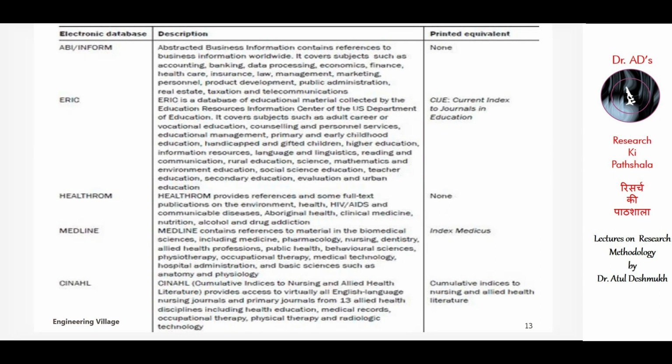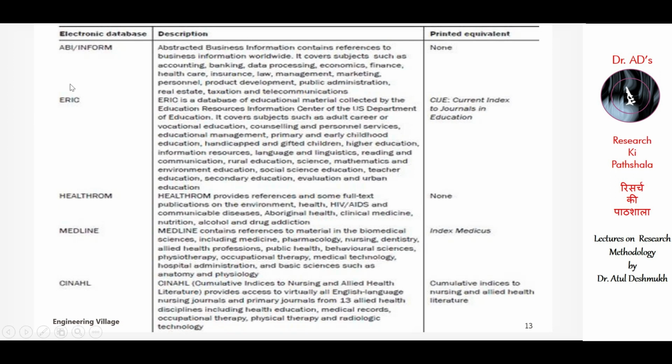Books are also being converted into electronic databases, or are available in certain electronic databases. Journals are already available in electronic databases. Most, or you can say all, of the journals are available in electronic databases. Some journals have printed equivalents, but some journals have stopped the printed equivalents. They have only online or electronic versions, right?